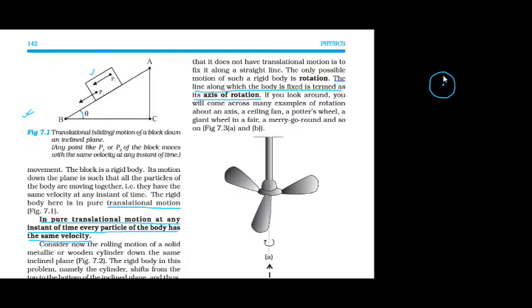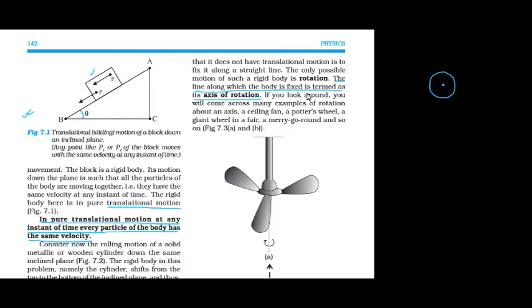Then you can rotate this circular plate about this nail. So if you have fixed it, there is no question of translational motion, but it has a motion that is called rotation of a rigid body. The rotation takes place along the axis of rotation, that means along the nail in our case.